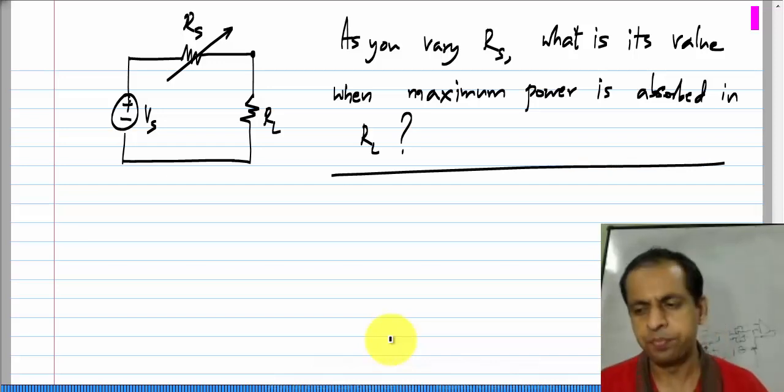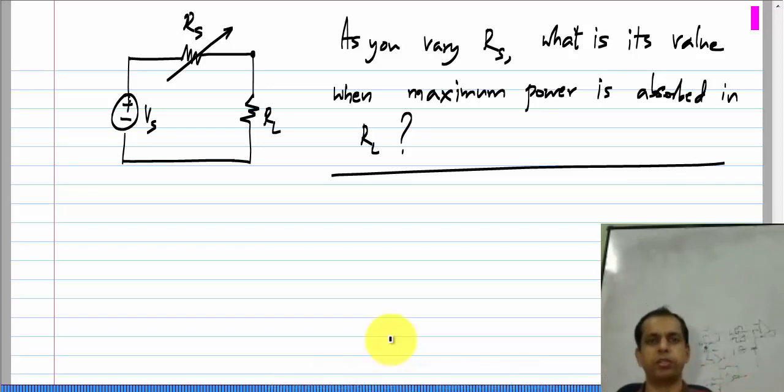Okay. I won't work this out, you can do it yourself, and you can do it by differentiation or by thinking about it in any other way. And of course, you can for now assume that all resistances are positive, okay, they are non-negative. Think about it, the answer is very simple, but do not confuse this situation with the other one where we were varying RL and trying to find when the maximum power is absorbed in RL. Okay.